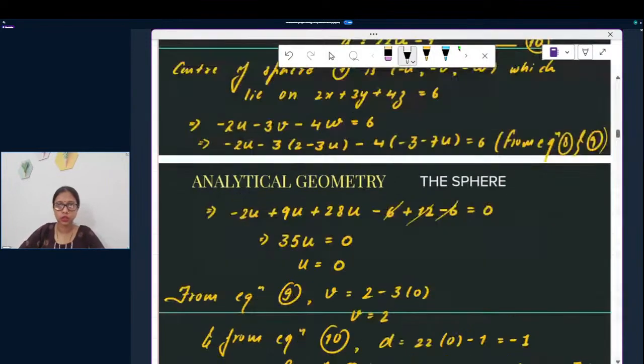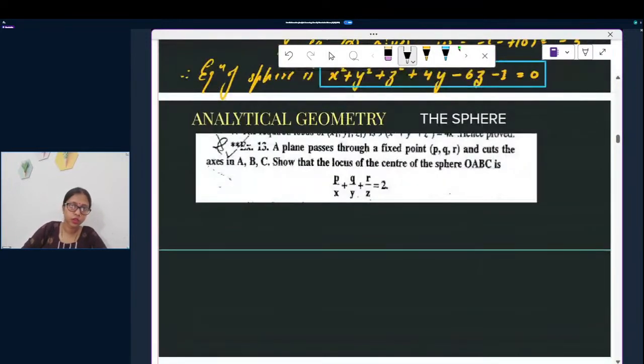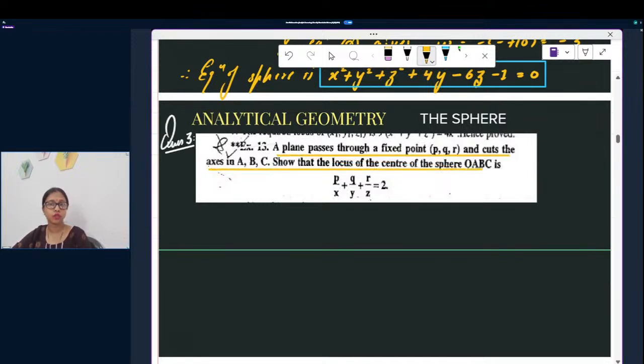Let's try next question number 3. A plane passes through a fixed point, PQR, and cuts the axes in A, B, C. Show that the locus of the center of the sphere OABC is this.